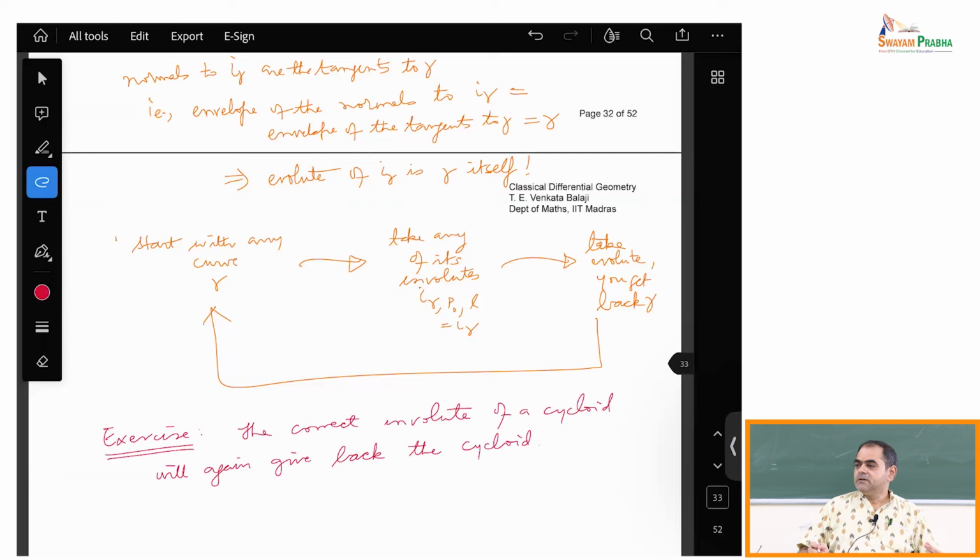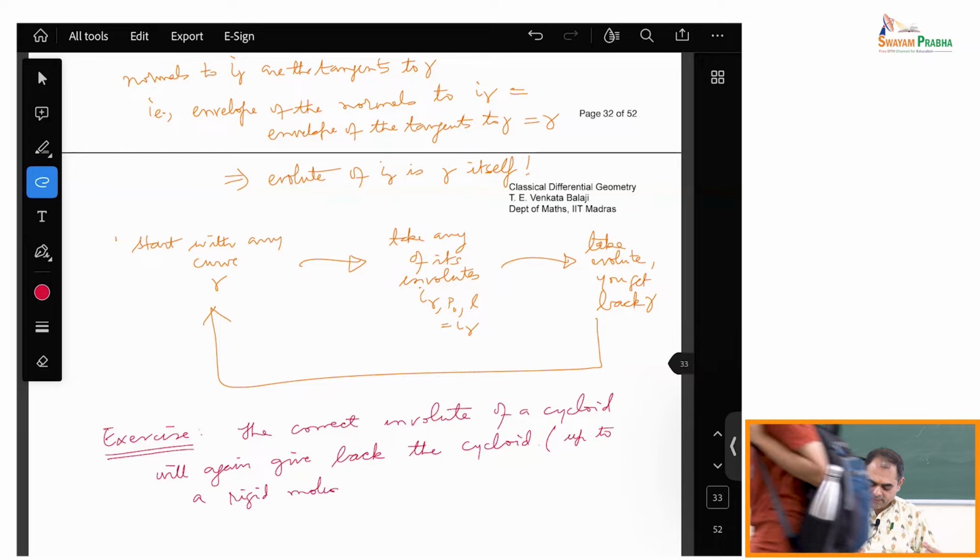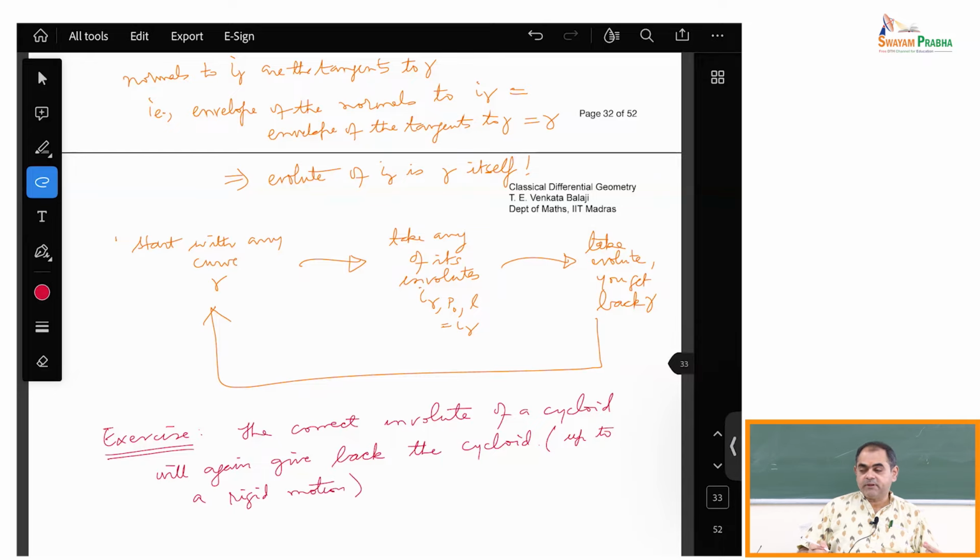So this will happen, right? And of course, up to a rigid motion. Up to a rigid motion, in this case particularly, it will be essentially a translation.